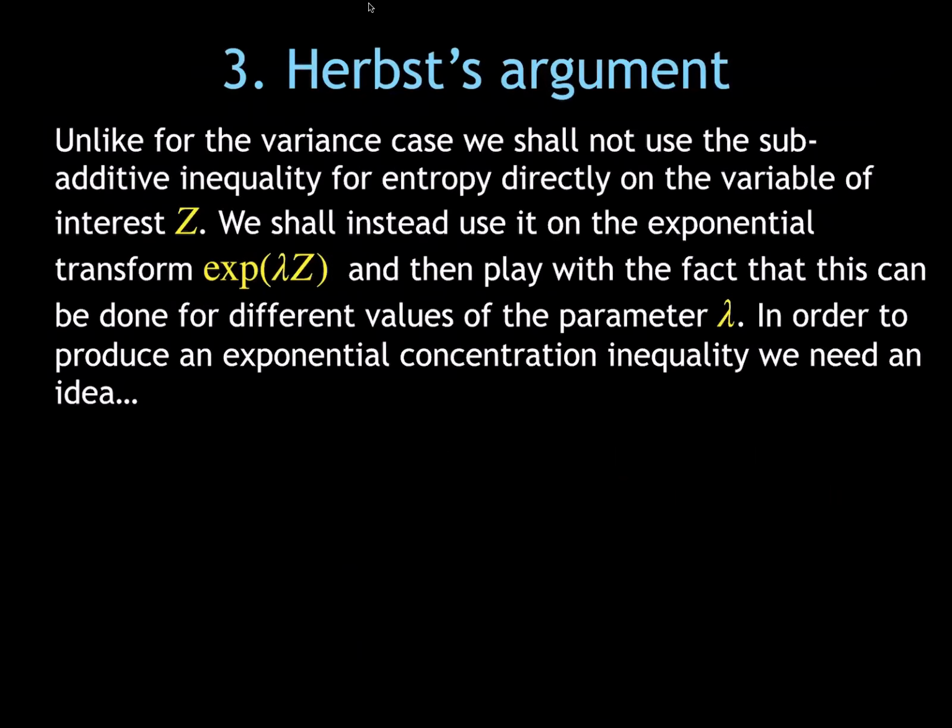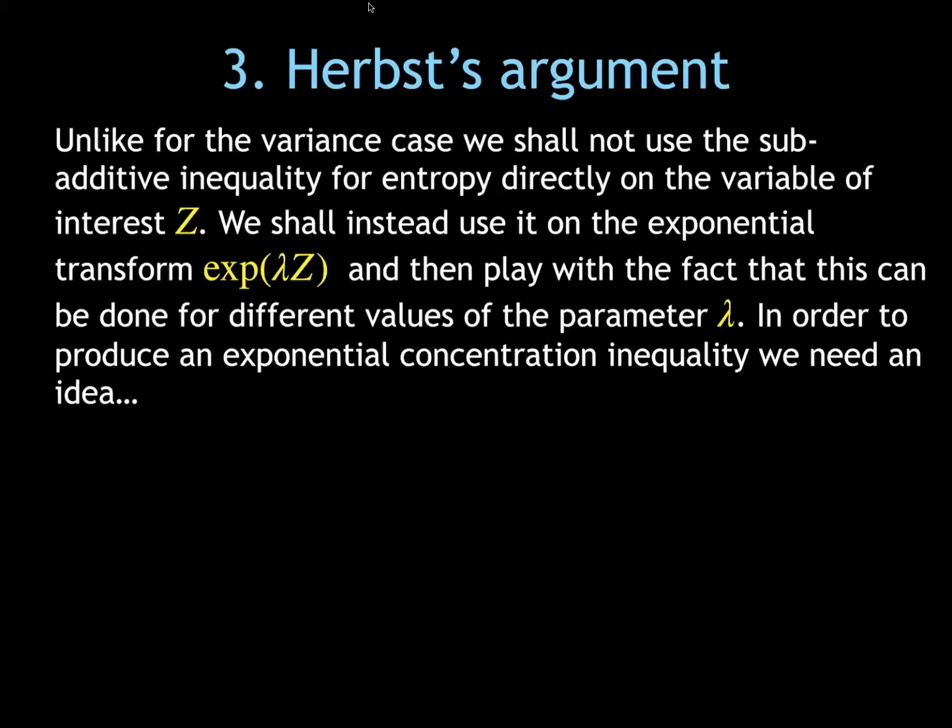So we need a new idea here to understand how to really express the sub-Gaussianity of a variable using the entropy of the exponential of lambda z, because all we have in our pocket now is this subadditivity inequality, and we want to use it on the transform of the variable.